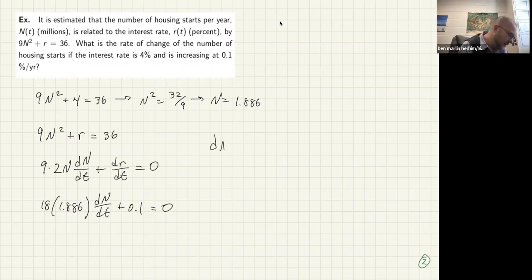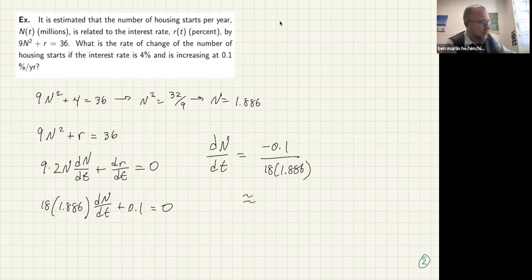So that means that your rate of change here needs to be equal to negative 0.1 divided by the 18 times 1.886. And then negative 0.1 divided by 18 times, and I hit it on the calculator just a minute ago.